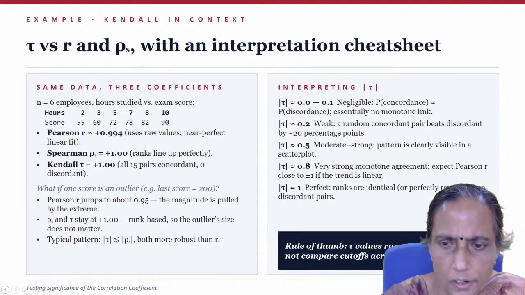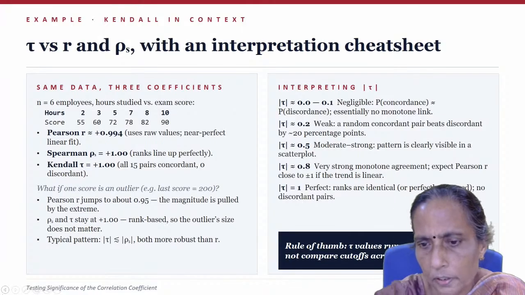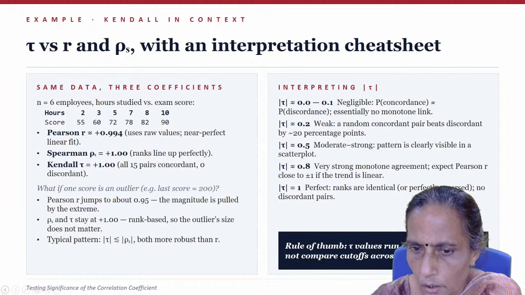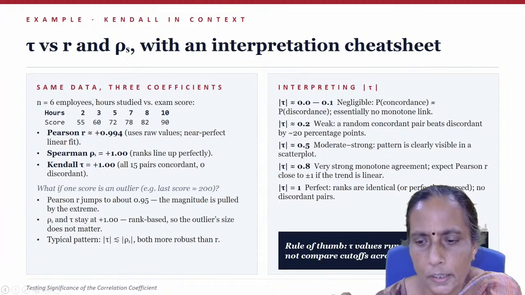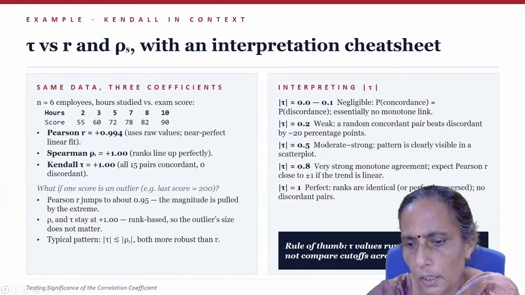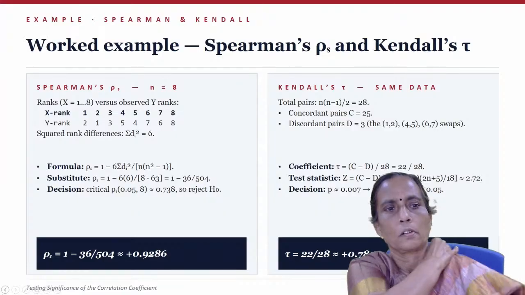And 0.5 is moderate, 0.8 very strong, and 1 perfect: ranks are identical or perfectly reversed, no discordant pairs. So the rule of thumb here is that tau values run smaller than Spearman's rank correlations. Do not compare cutoffs across metrics.